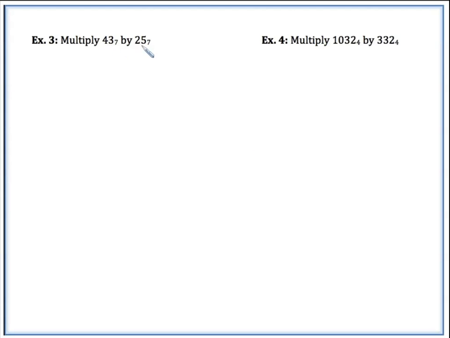Now here we have a 2-digit times a 2-digit, so it becomes a little more difficult. So we have 3 base 7 times 5 base 7. Now because we're going to have multiple places that we have to multiply, I'm going to do these in different colors. So first we'll just deal with multiplying by the 5 right here.